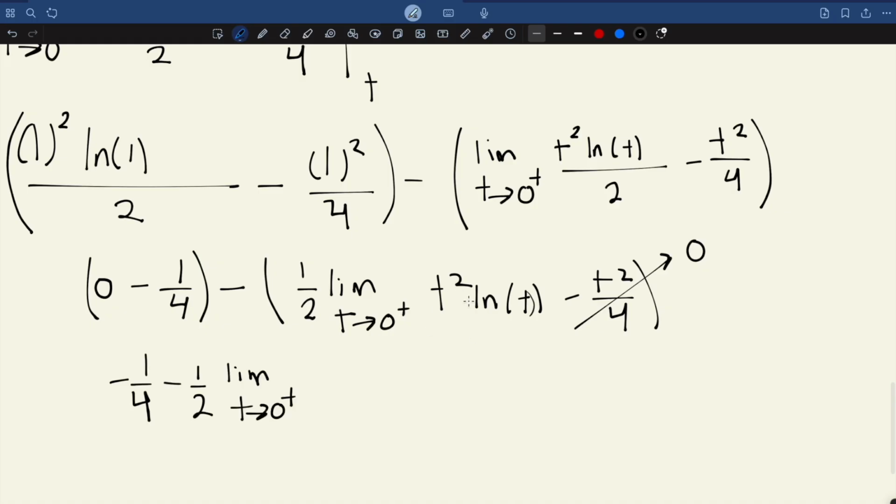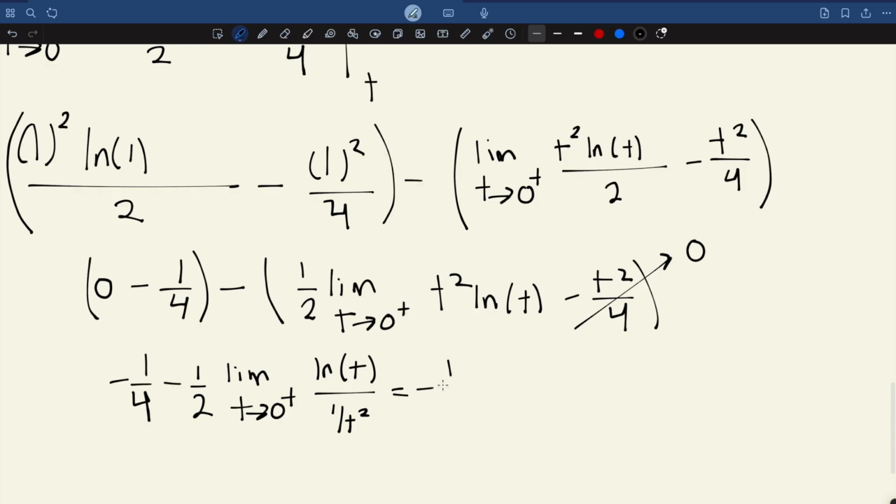Okay, so now to change this into an evaluatable fraction using L'Hopital's rule, it would be the natural log of t all over 1 over t squared, just like that. Okay, and now using L'Hopital's rule, we need to take the derivative of the top function and the derivative of the bottom function.